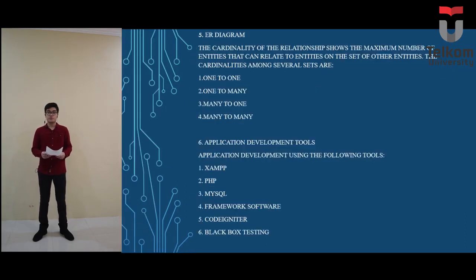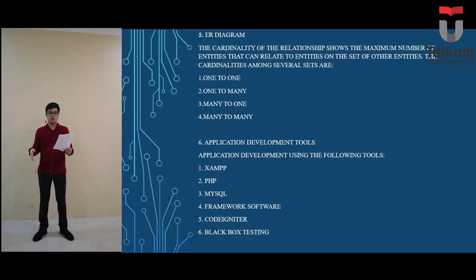And for number 5, the ER diagram. An ER diagram is a conceptual model diagram to describe the logical structure of a graphical-based database.